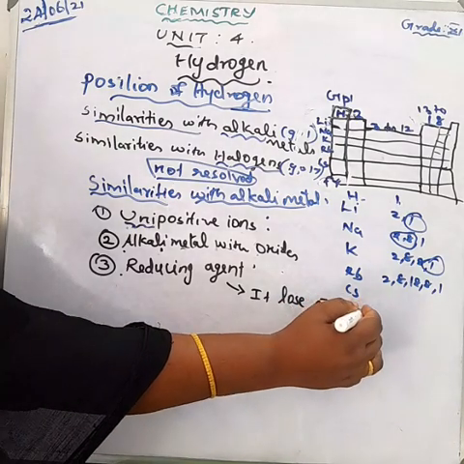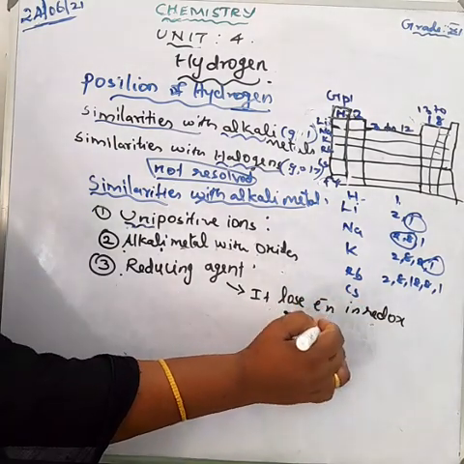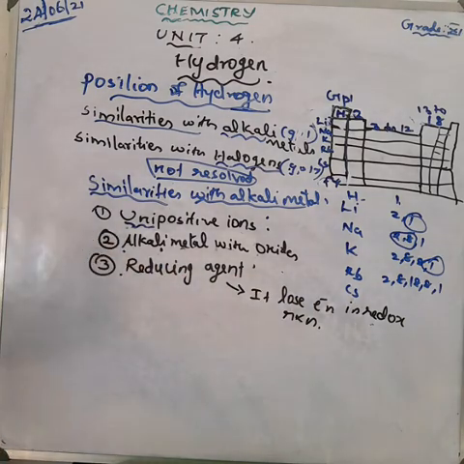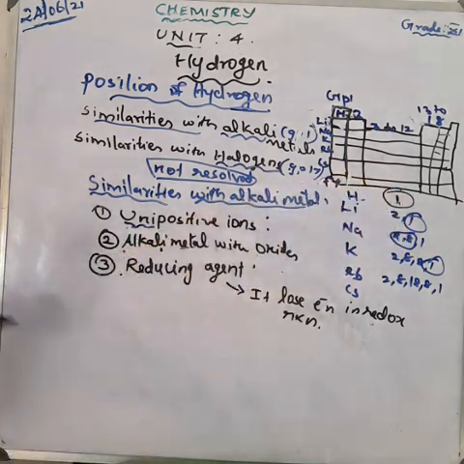Hydrogen acts as a reducing agent because it can easily lose its electron. Understood? These are the three similarities between the alkali metals and hydrogen.